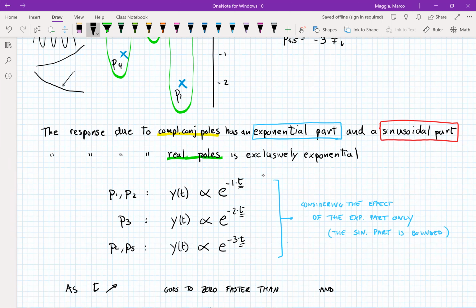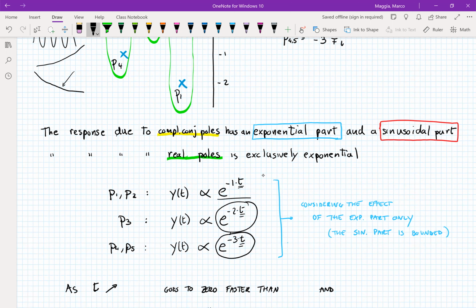But e to the power of -1 times t goes to 0 a little bit slower than e to the power of -2t. And then e to the power of -2t goes to 0 more slowly than e to the power of -3t.